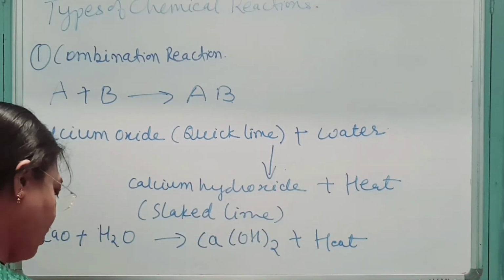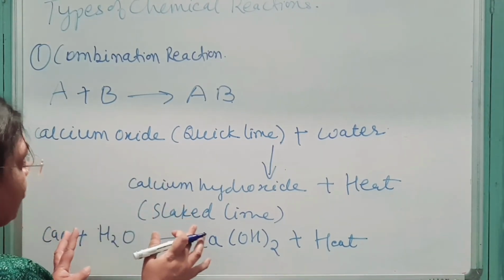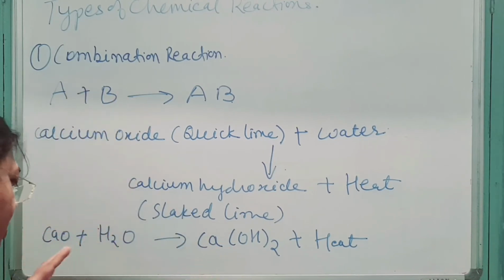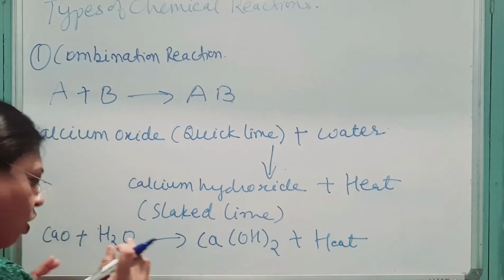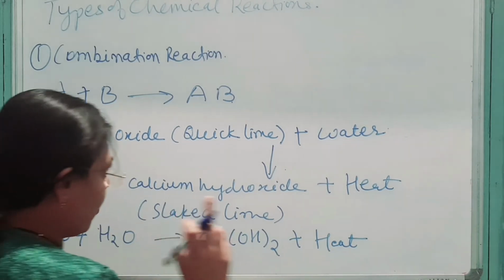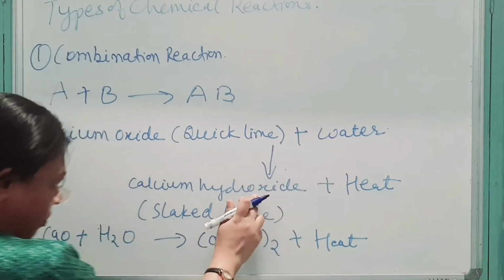So with the help of this example, again I want to define the combination reaction. Combination reaction is the reaction in which 2 or more reactants combine together to form a single product. There are 2 reactants and 1 product.